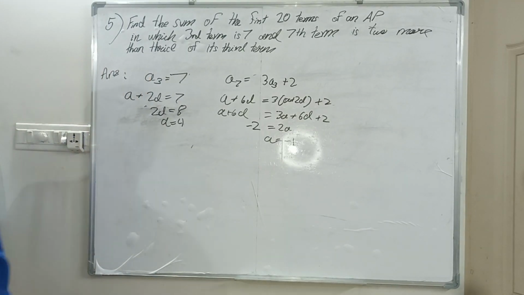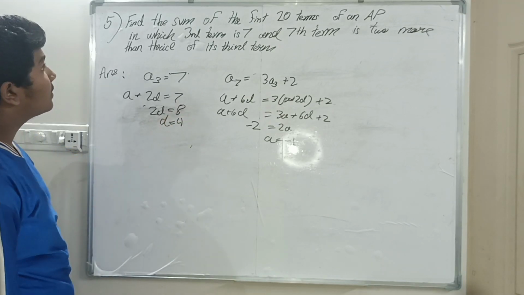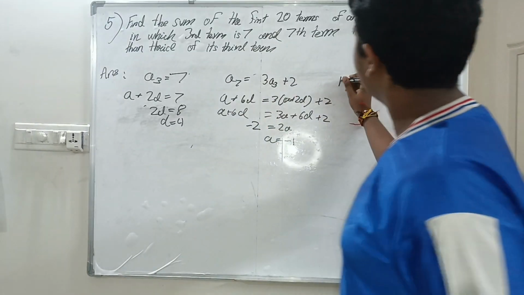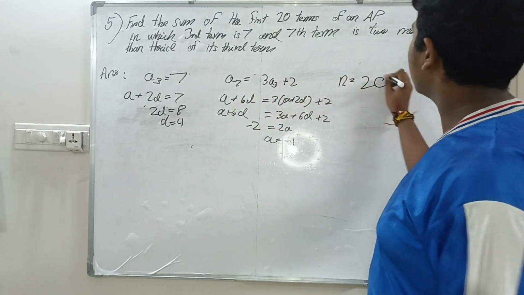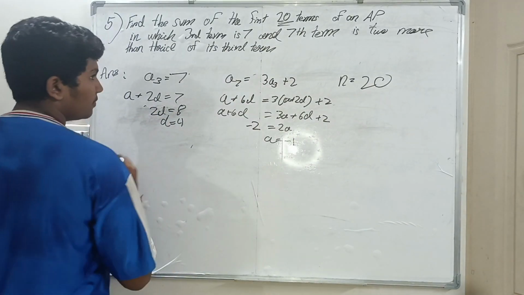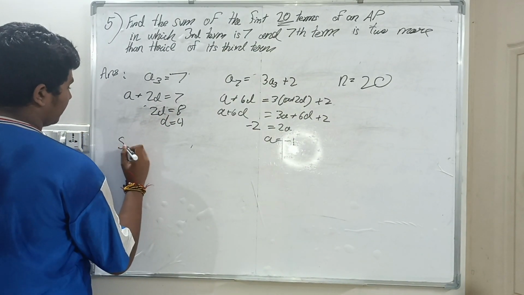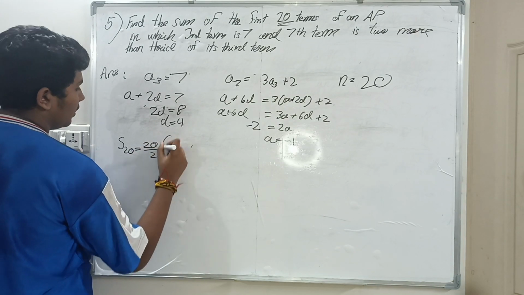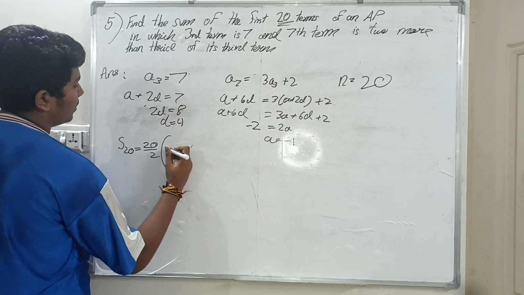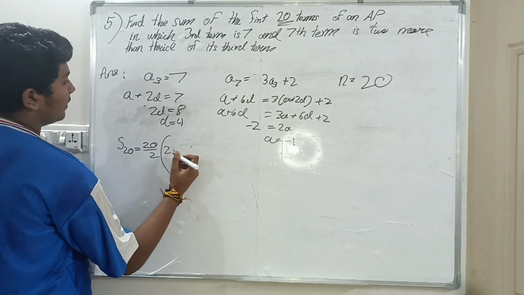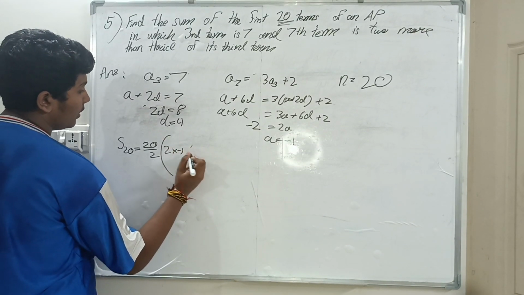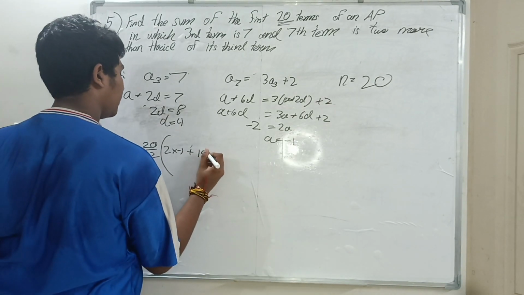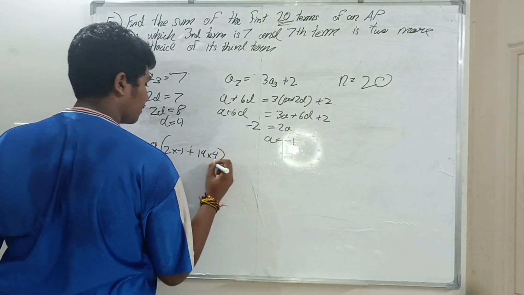Now, what are you going to do next? There's the sum, right? So get the sum. How much is the term? n is equal to how much? 20, right? Let's give here 20. So Sn, which will be S20, is equal to 20 by 2 into how much? 2a, right? 2 into a is 2 into minus 1 plus 19 into 4.